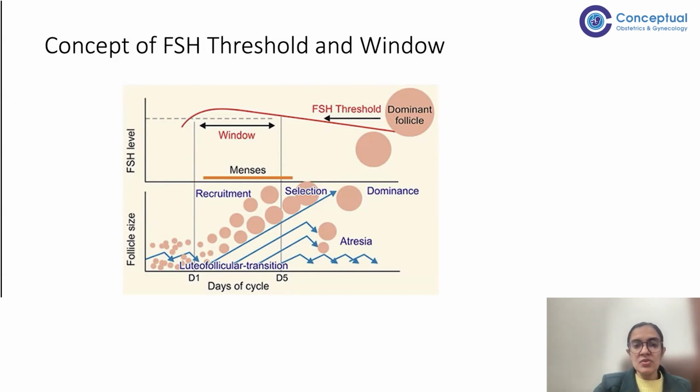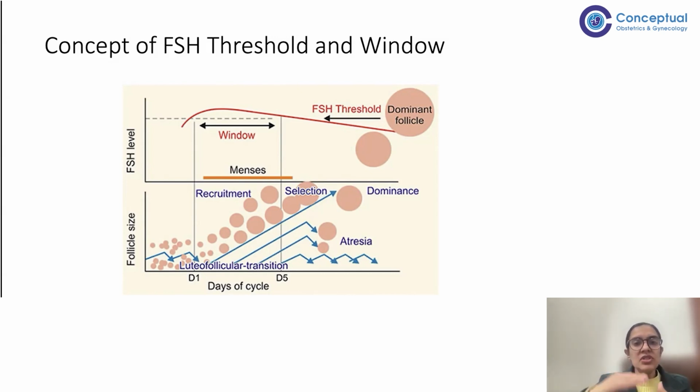This estrogen is going to give a negative feedback to the pituitary to stop making more FSH. So FSH is slowly going to fall, right? Such that only the one which has been selected, which has the maximum number of receptors, which has the most blood flow, so that FSH reaches it best, only that one will keep growing.